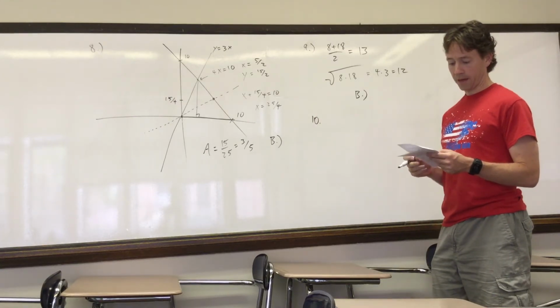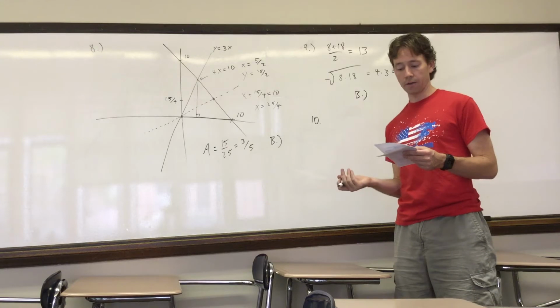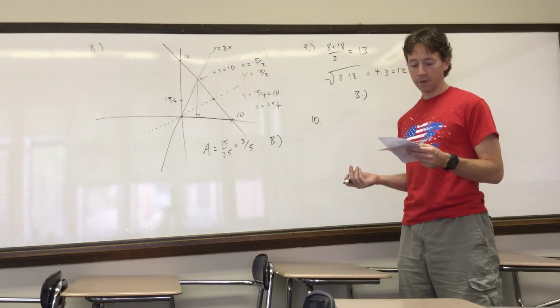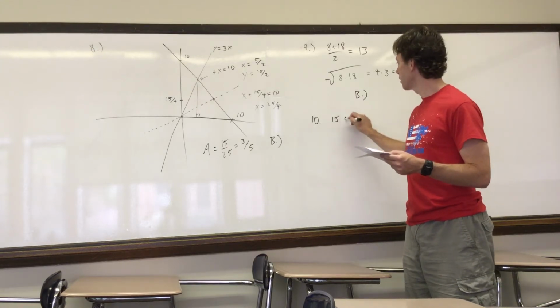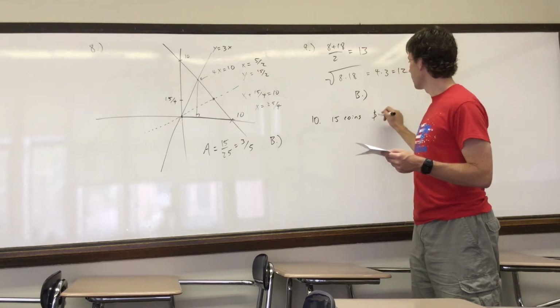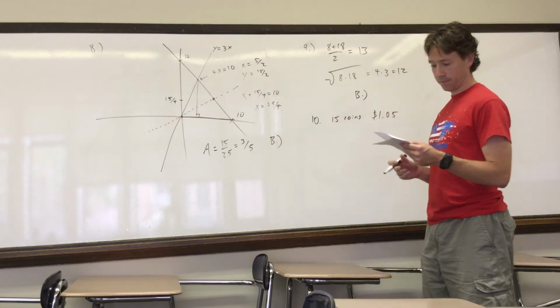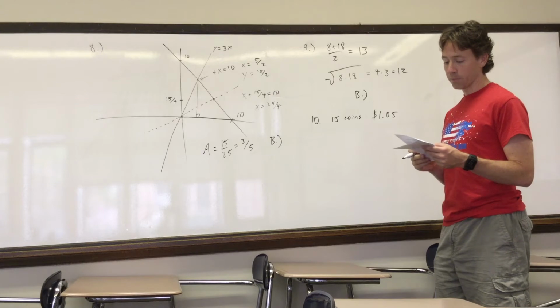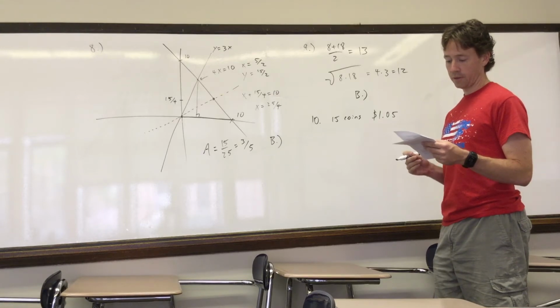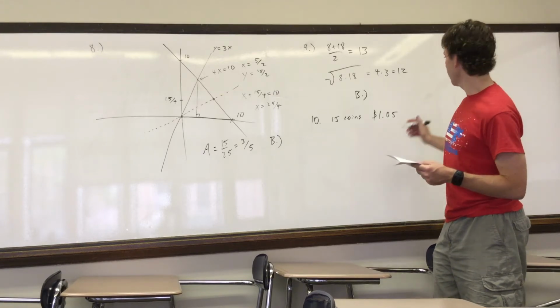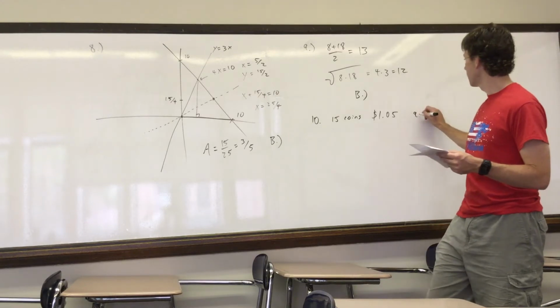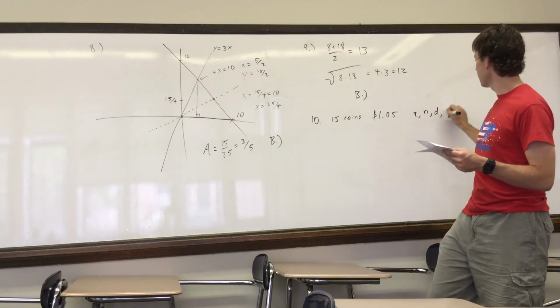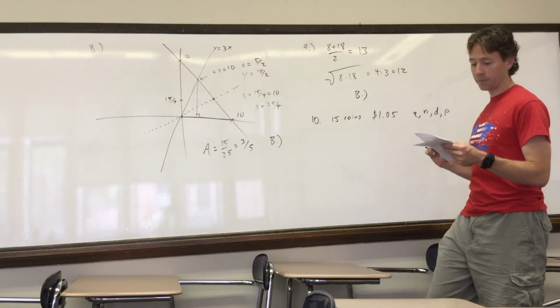Problem 10. From a pile of pennies, nickels, dimes and quarters, I grab a handful. The combined value of 15 coins is $1.05. And there are 3 more quarters than nickels. How many dimes do I have? Okay, so I have quarters, nickels, dimes, and pennies possibly.